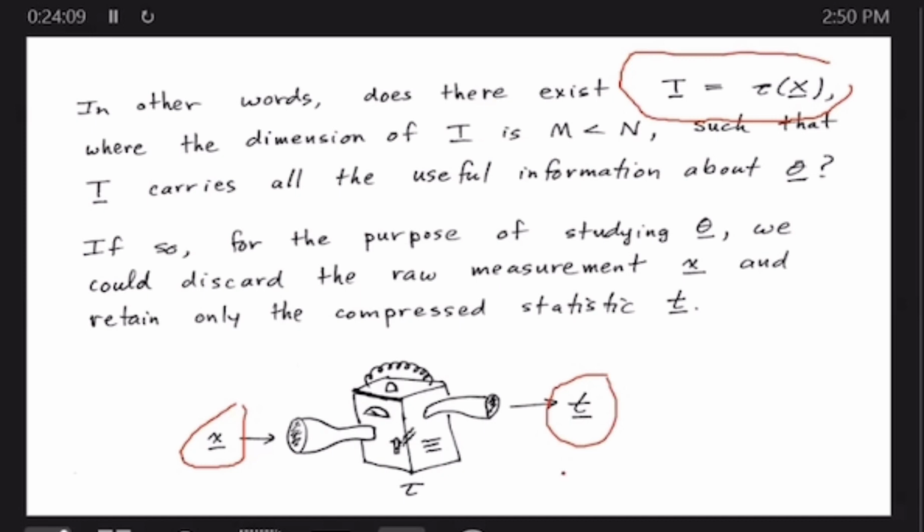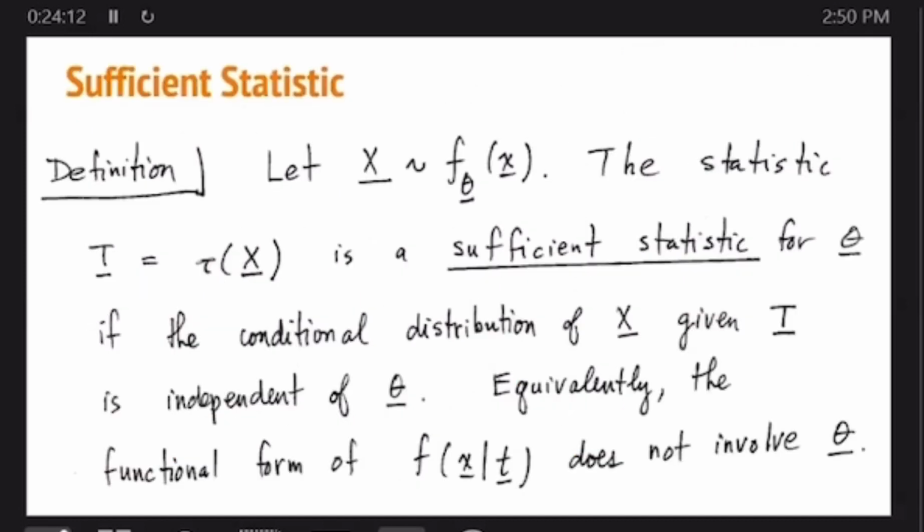Now, because of that, I'm going to go into sufficient statistic. Just like what you said, you talk about knowing the probability distribution. You know where we're going to start from. If you don't have the idea of the probability distribution, there is nothing you can do.